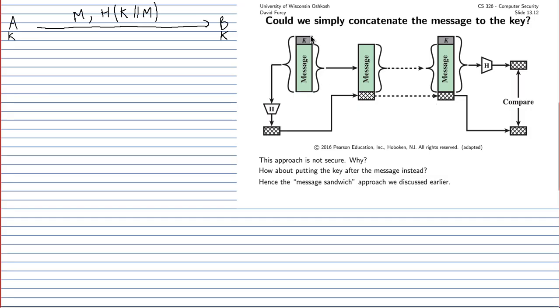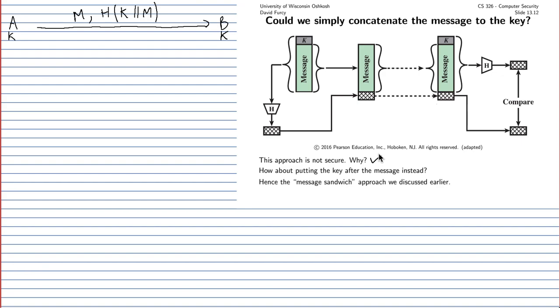So put the key in front of the message and then hash that, get a hash code, and that's what you use as your authentication tag. So instead of using a MAC algorithm, we can just use a regular hash function with a particular input. So the question we want to ask is whether this approach is secure. And the answer is that it's not.